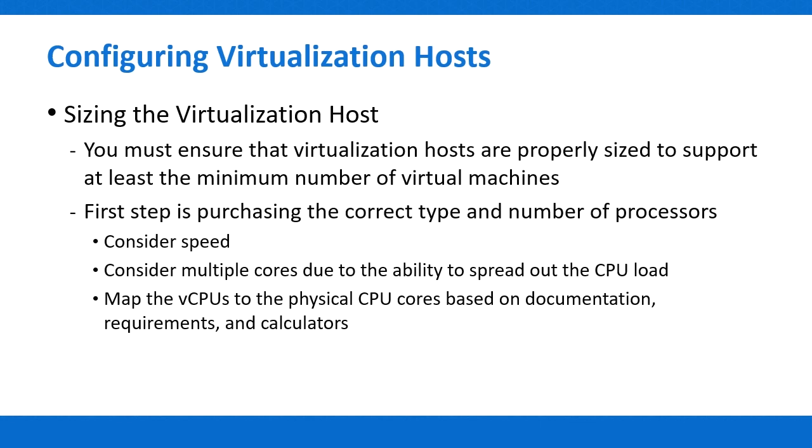You're going to have some scenarios where this doesn't work. For example, a heavily used SQL database server is going to be very processor intensive. So in that particular scenario, you would probably want a 1-to-1 CPU to virtual CPU assignment. So you have to take everything in stride, and you need to look at all different aspects of the scenario, including the operating system and the application that's going to be hosted.